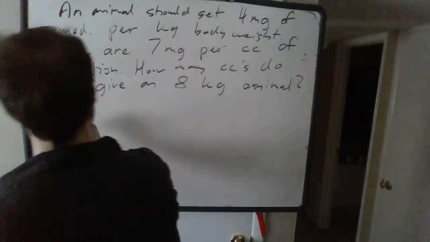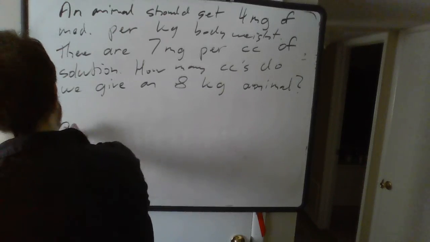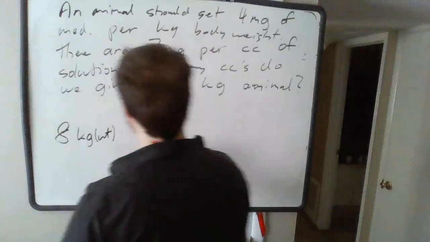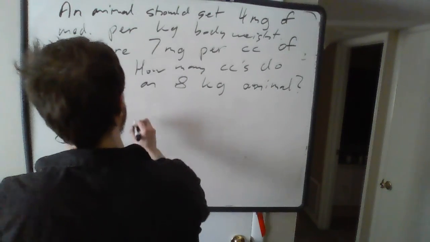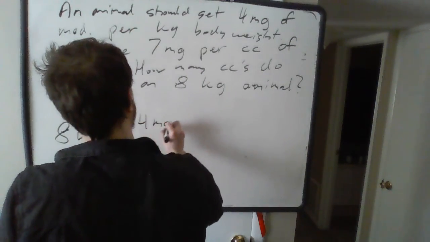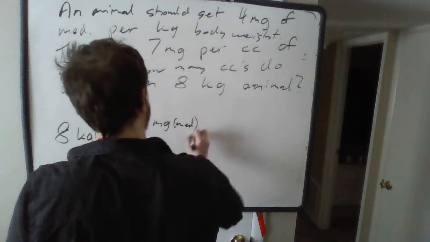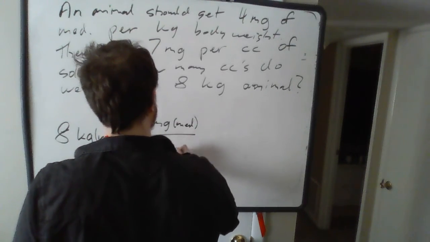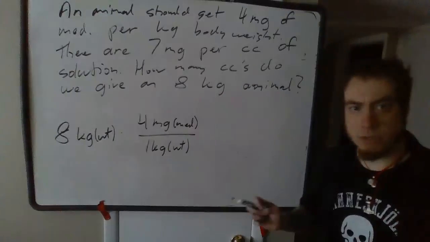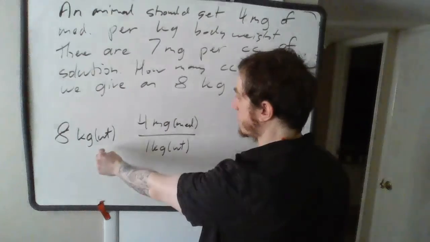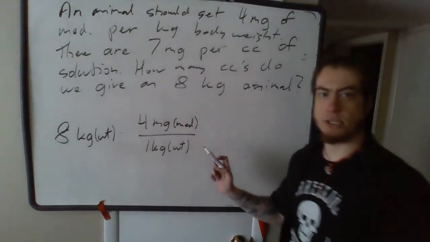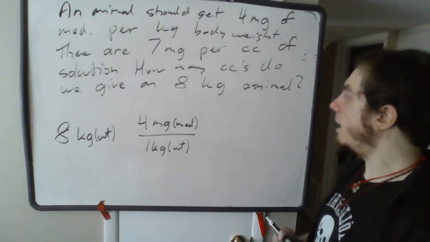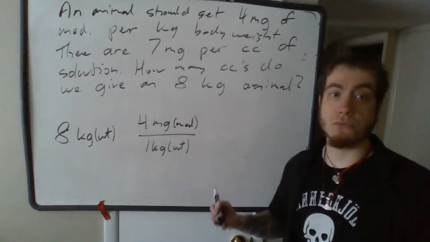So we're going to start with the 8 kilograms of body weight, and we multiply that by 4 milligrams of medicine per 1 kilogram of weight. You'll notice here that instead of just writing the units, I wrote weight and medicine in abbreviated form. Hopefully that's visible on the camera. I don't have a lot of room on this board, unfortunately.